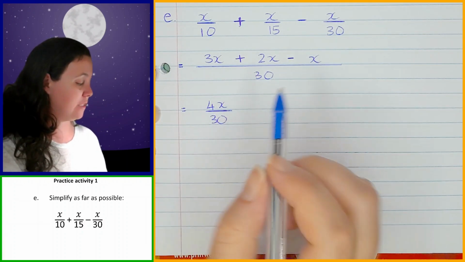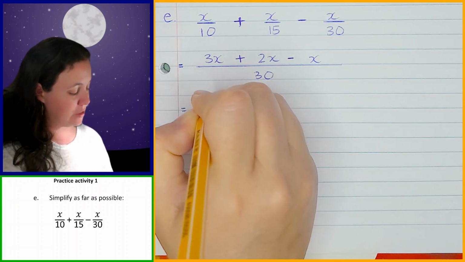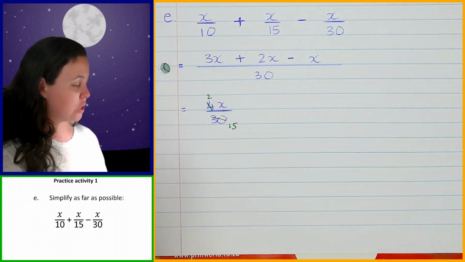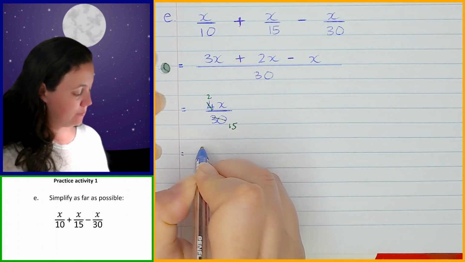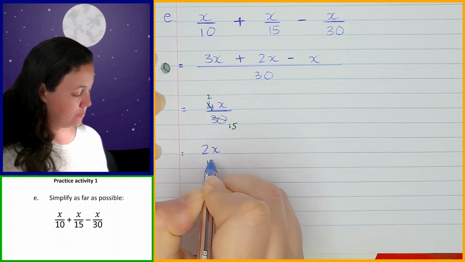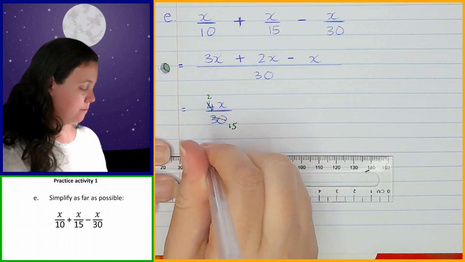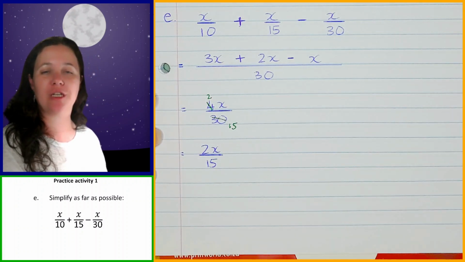So 4 over 30, they are both divisible by 2. 2 goes in there twice and 2 goes in there 15 times, so I end up with 2x over 15. So that's what we should have got for question E. Right, let's go on to question F.